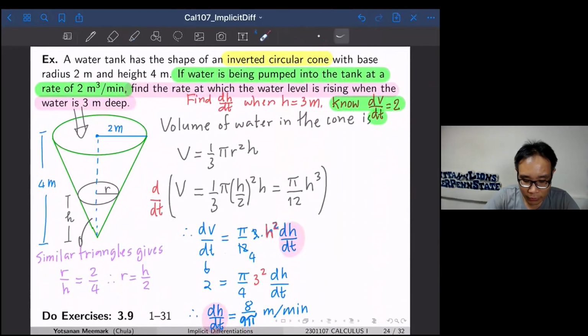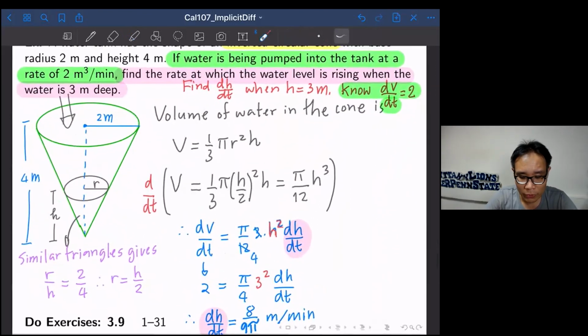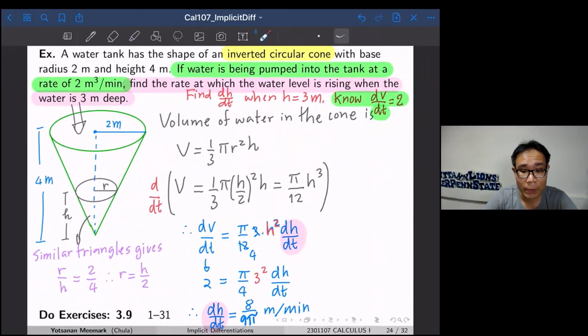Try to do these exercises. It will help you, and I will give you some homework on this one also. So this one is called a related rate problem. We're gonna stop here, and we're gonna have another topic on 3.10. It's gonna be about the linear approximation.